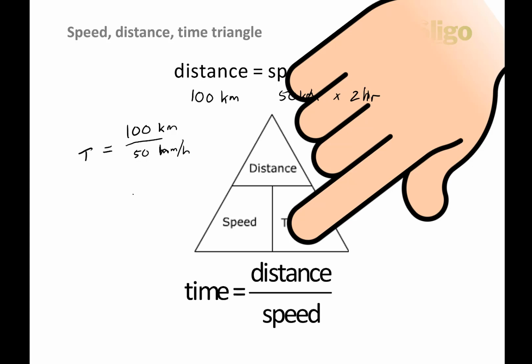So this will give us 2, and when we look at the units, guys, we have kilometers divided by a fraction, so we would flip and multiply and they would cancel out and we would get 2 hours as our answer. But we use the triangle mainly just to deal with the numerical component.